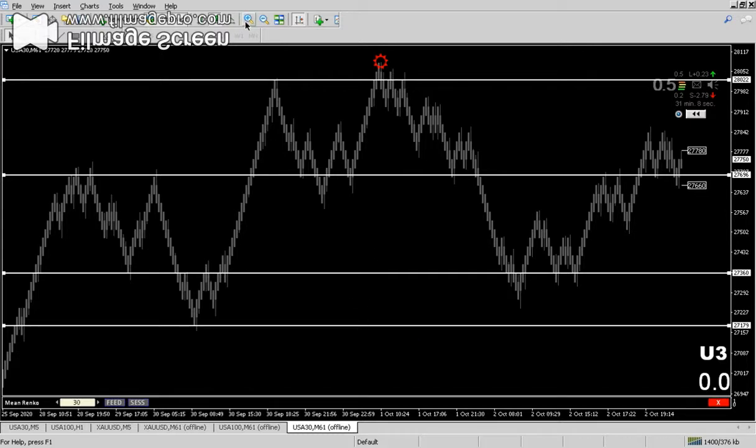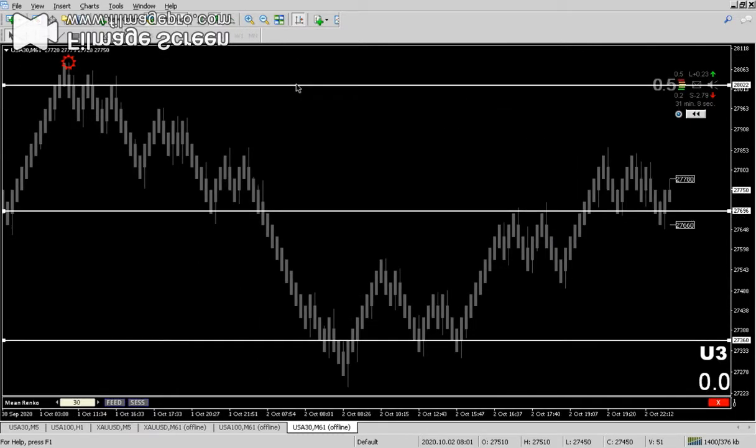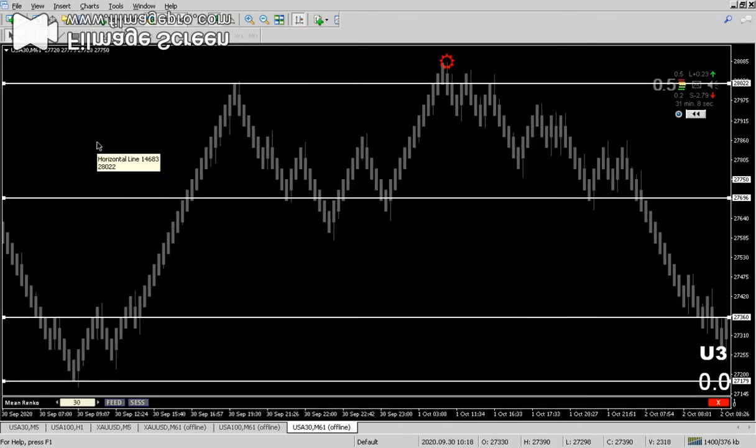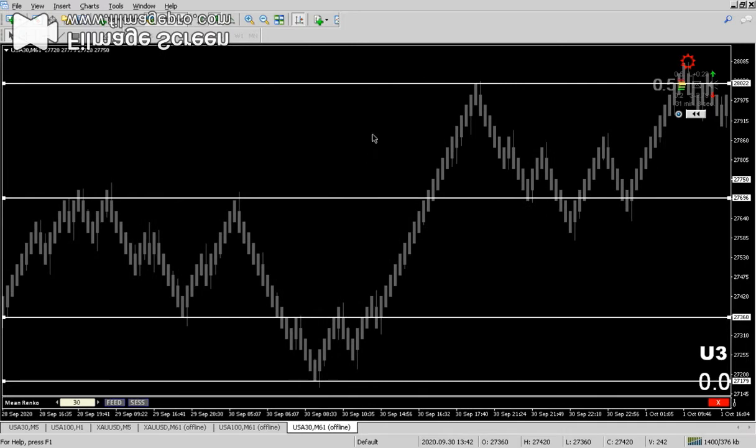So for instance, let's take a look here. We have a peak formation high in this area right here. Before we even get there, we're going to look left, we're going to look right to see how we're going to trade. Looking left, price has come up from this particular area and has come down to this area here. So we see that these levels of support and resistance, ceiling and floor, are being respected.